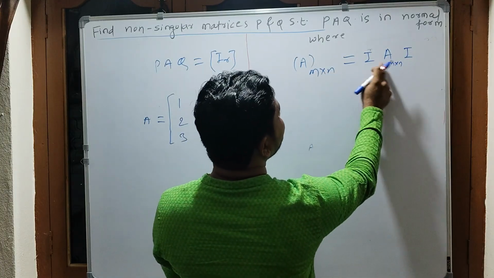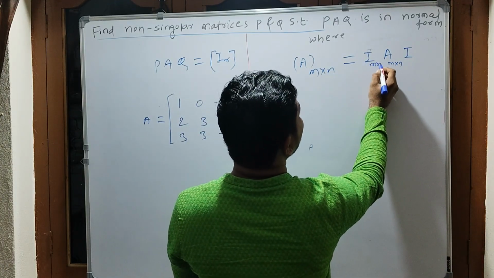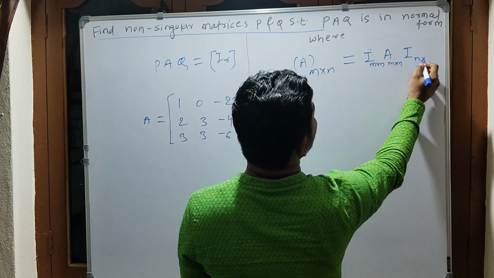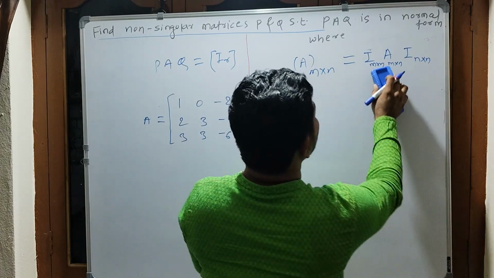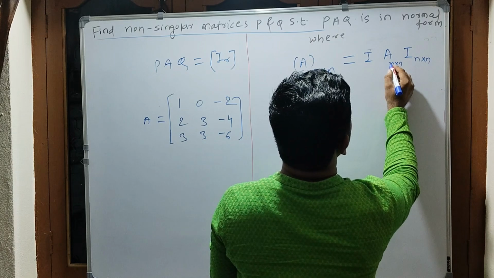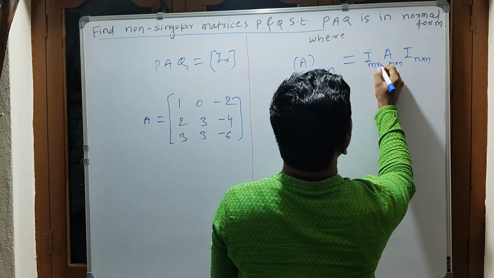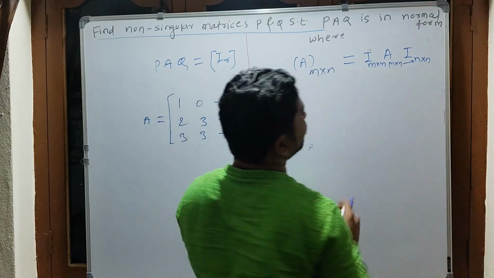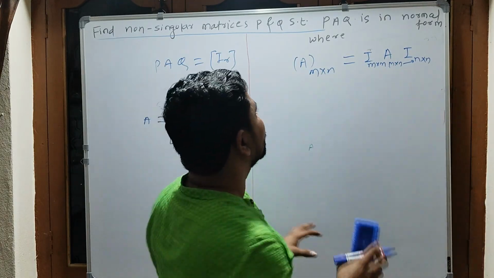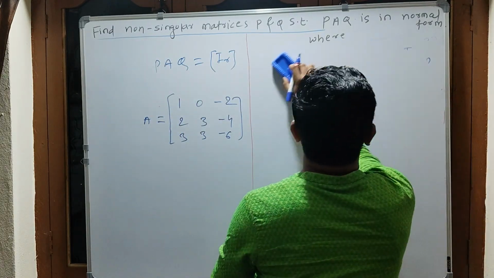Take an identity matrix of order M cross M and take an identity matrix of order N cross N. So this is M cross M, and this is the identity matrix of order N cross N.